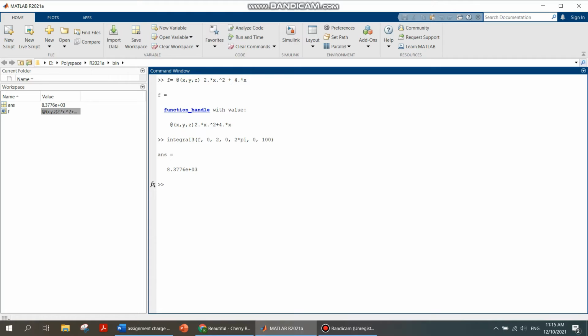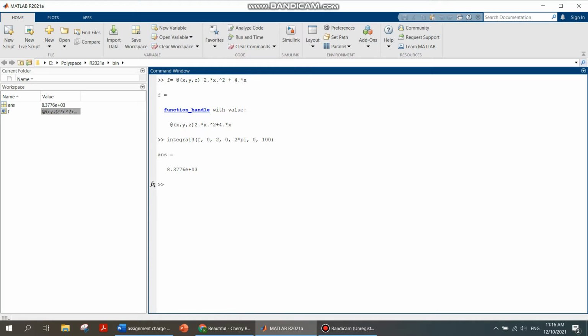After I've declared that, I come up with the function of the rho v, which is 2 x squared plus 4x, also representing 2 rho squared plus 4 rho. After I have declared everything, I use the integral triple formula to generate the answer.